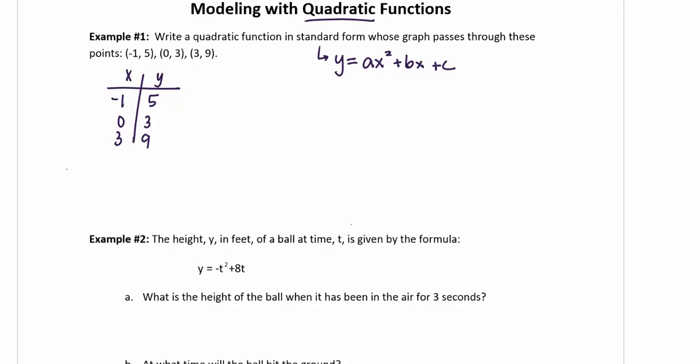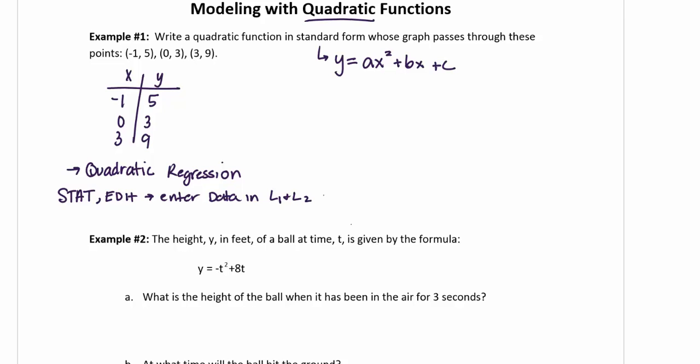So I'm going to use something in my calculator called Quadratic Regression to give me that equation in standard form. So to do this, I need to hit the Stat button and then Edit and then enter data in L1 and L2.